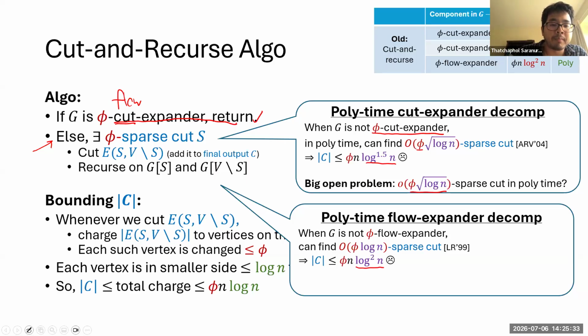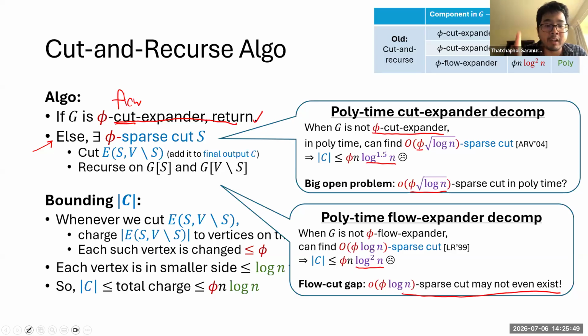And here there is a bigger barrier. It's a structural barrier called the flow-cut gap, because a cut that is better than phi log n sparse might not even exist. Okay, it's not just that you cannot find it fast, it might not even exist. So from here, you get log squared. So you get some barrier here. You can see that it's not clear at all how to improve this.